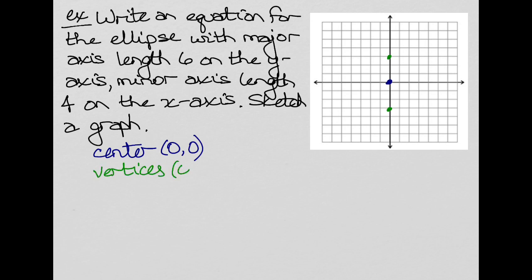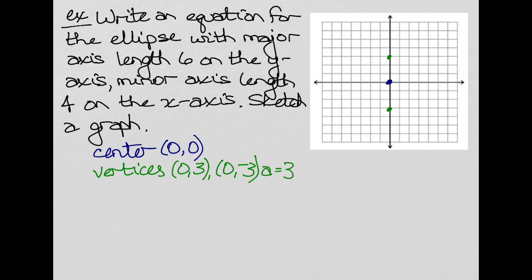Looks like they're at 0, 3 and 0, negative 3. That also tells me the value of a. A is 3. A is the distance from the center to a vertex. So just one way, and that would be 3, which I don't know why I wrote 1, because it's 3.